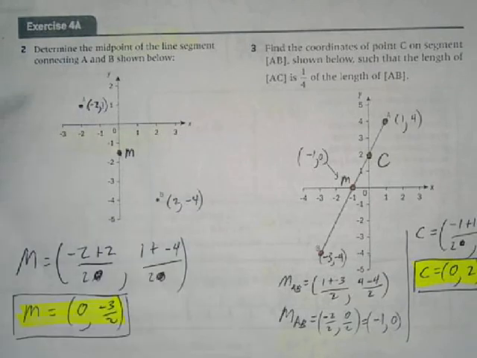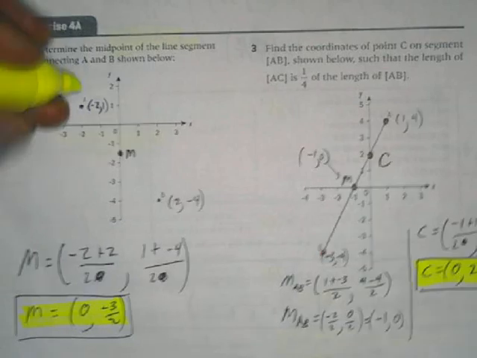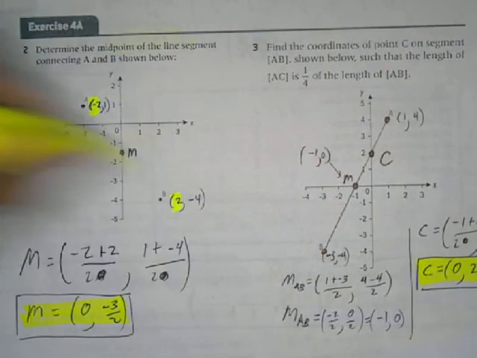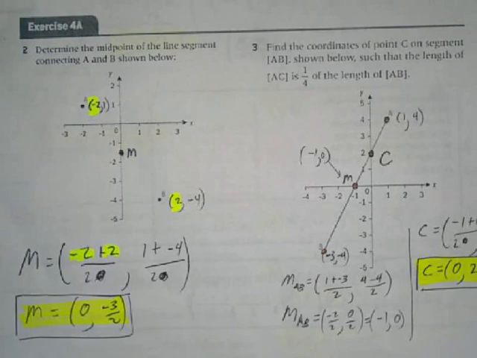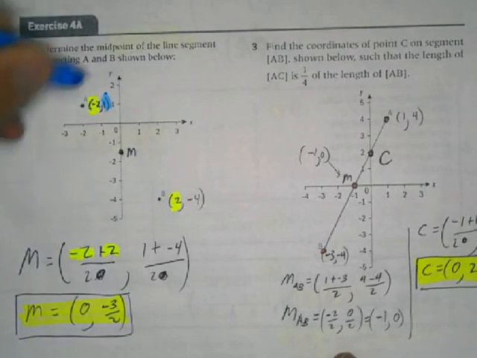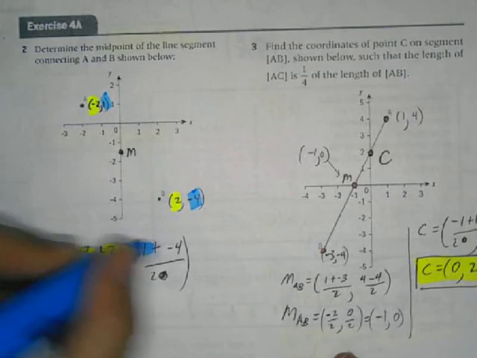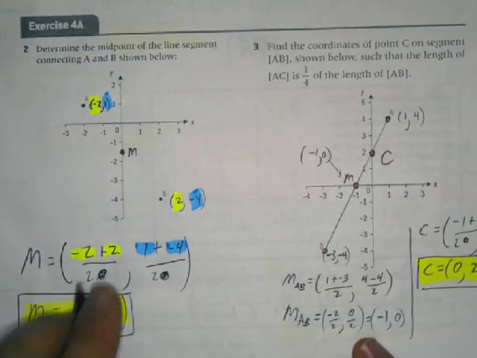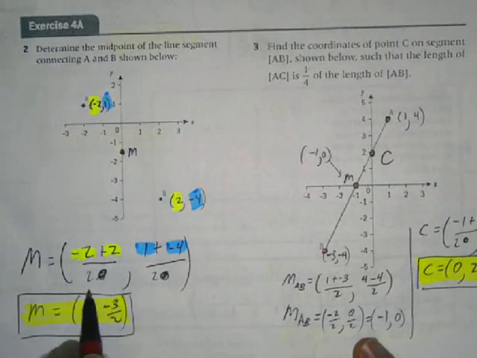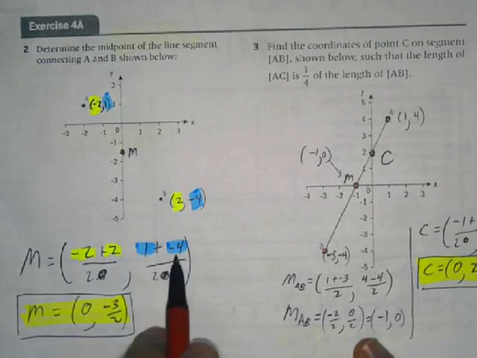So if I take the average of the x values, so my x values are -2 and 2, and my y values are 1 and -4. So -2 plus 2 is going to give me 0 over 2. 1 plus -4 is going to give me -3 over 2.